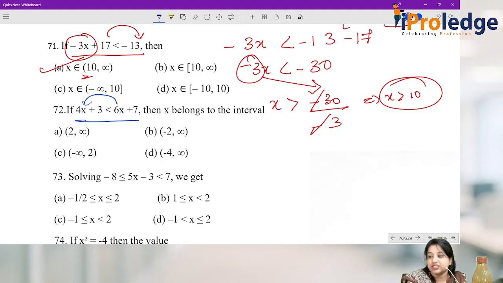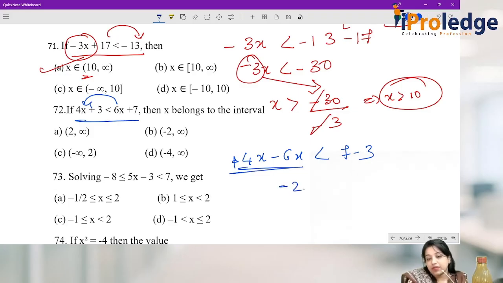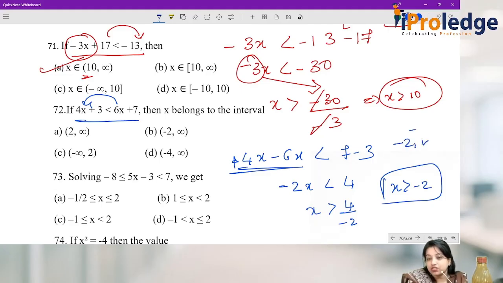Bring 6x here: 4x minus 6x minus 2x is less than 7 minus 3, which is 4. So x is greater than minus 2, so the interval is from minus 2 to infinity, both excluded. Infinity is always excluded. Got it, how to solve inequality?